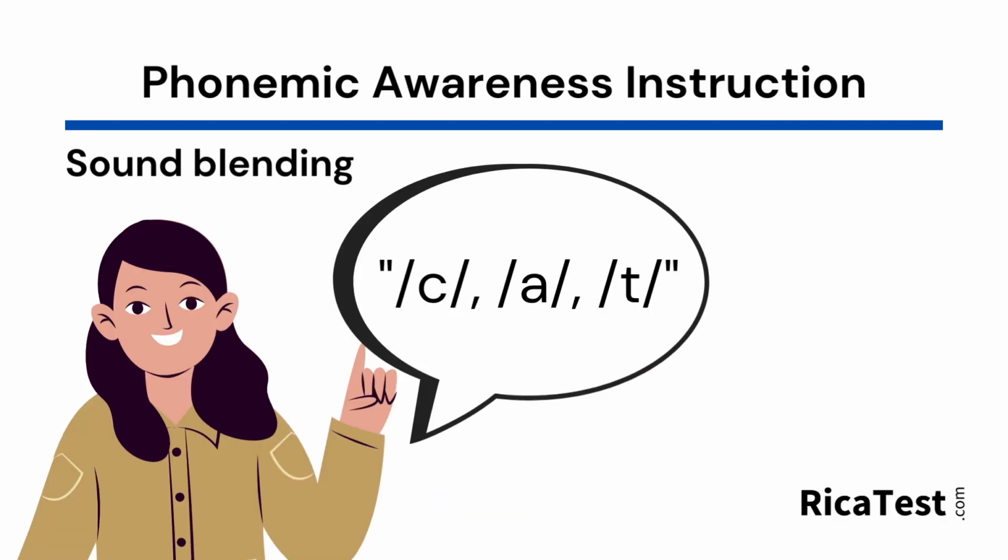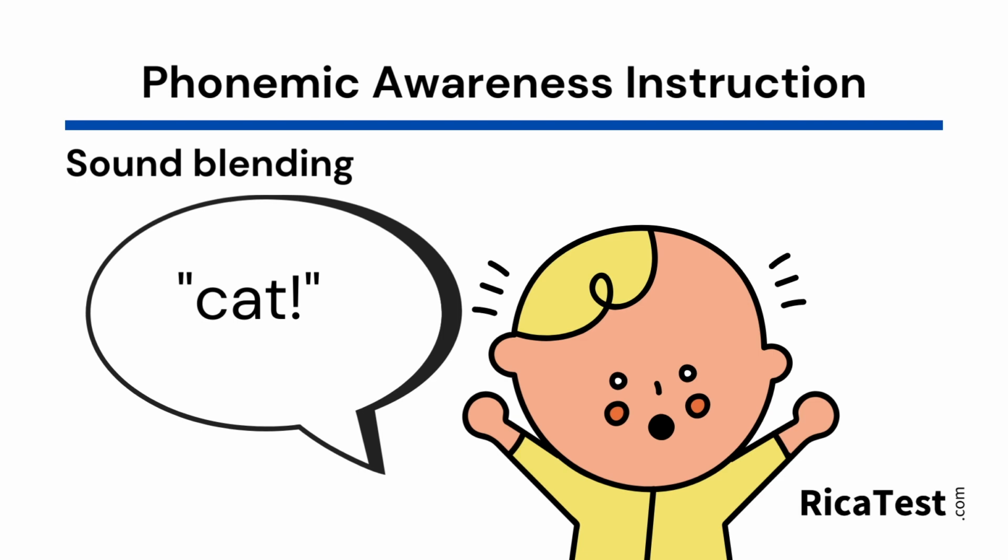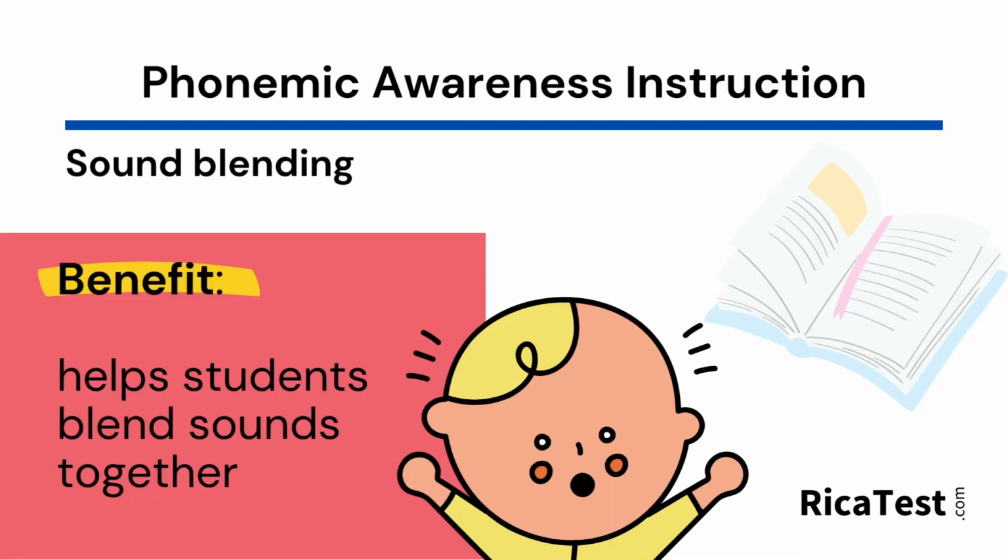The instructional strategy used to build sound blending skills happens when the teacher says sounds of words with brief pauses between each sound, such as k, a, t. Then the teacher says, which word am I thinking of? And the student should say, cat. Sound blending helps students blend sounds together to correctly pronounce words.